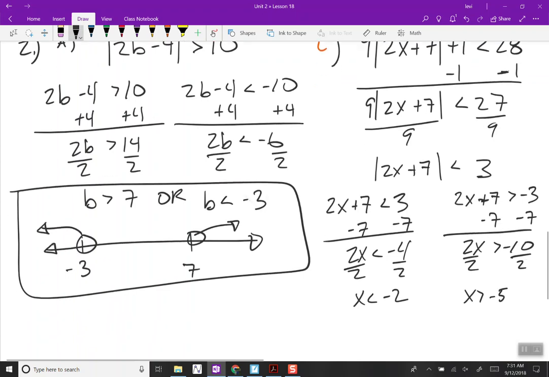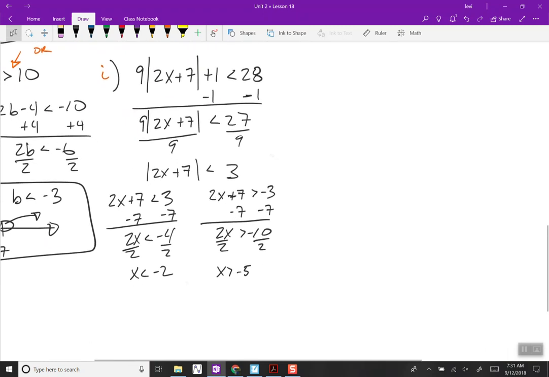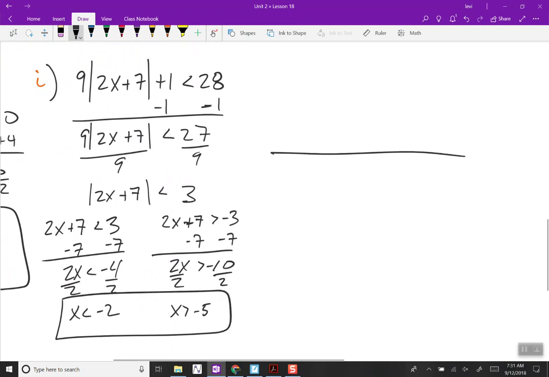So now let's look at the graph of this problem here. So if we were to graph this right there, our numbers are negative 5 and negative 2 if we wrote them in order on the number line.